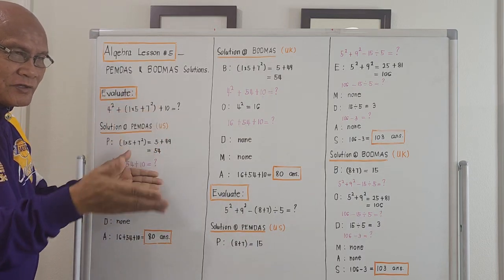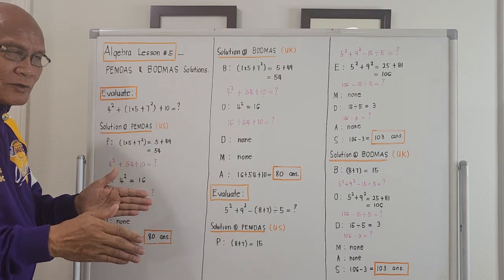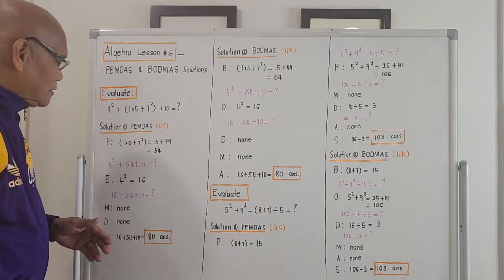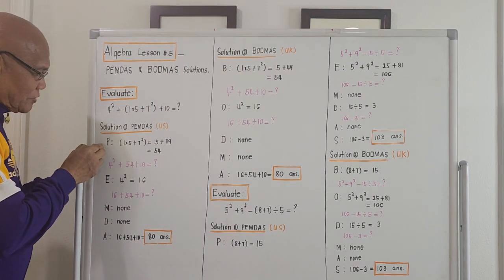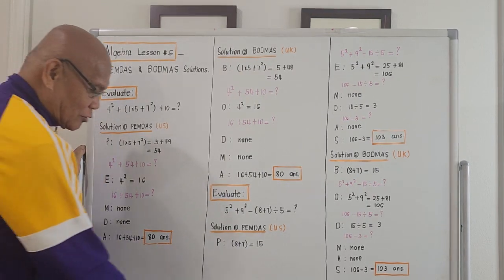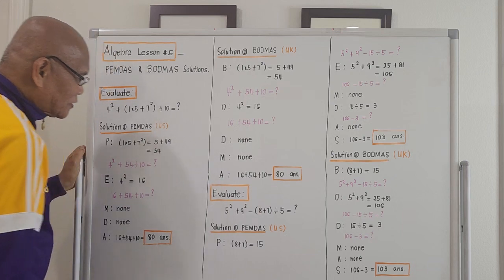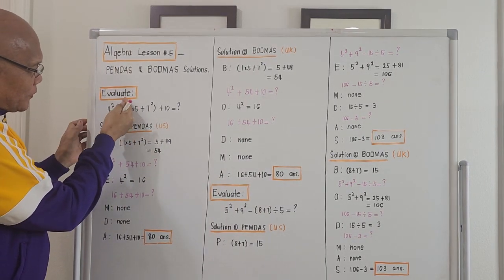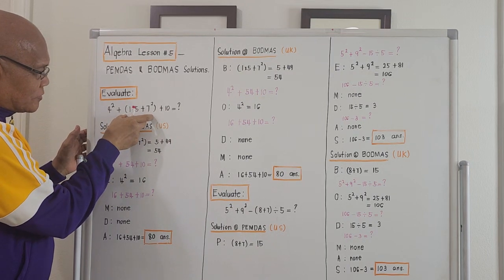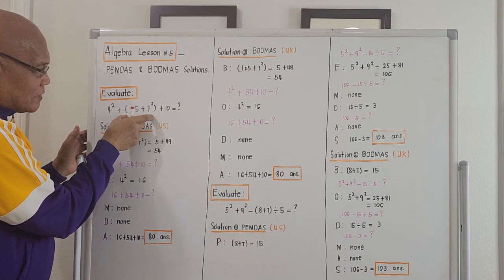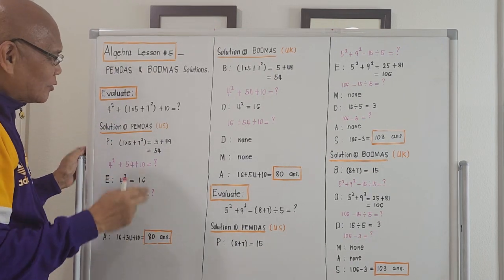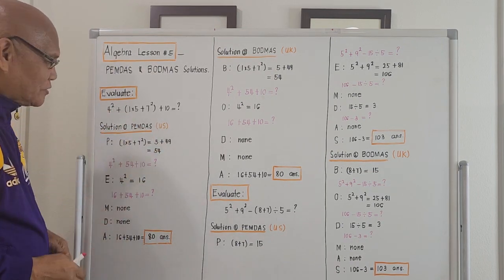If there is a parenthesis in the given mathematical expression, that's the first priority to be evaluated. So if we inspect the given mathematical expression, this is a parenthesis, right? Open quantity, close quantity. So the first priority to be evaluated is all the terms inside the parenthesis.